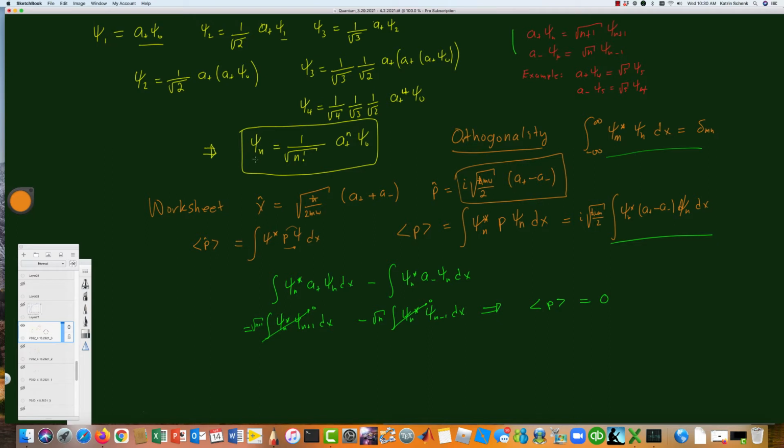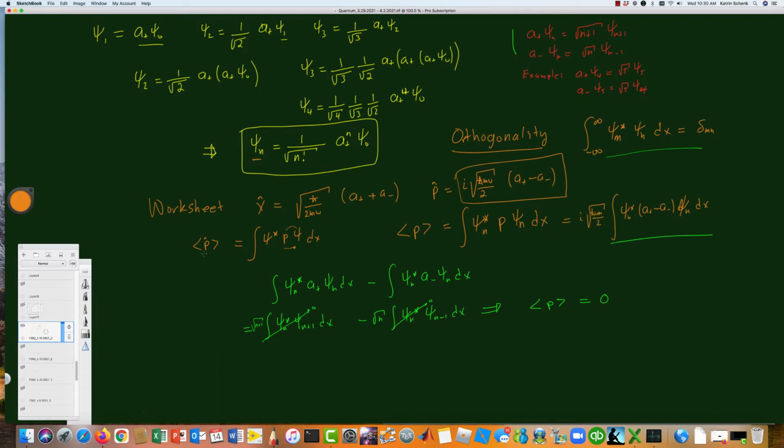Here's an expression that tells us the nth state in terms of the 0th state, and we can get them by applying these raising operators. We talked about that last time. In your worksheet, you were to use the raising operators to get the first excited state, which I've already done for you in a lecture, so that should be easy.